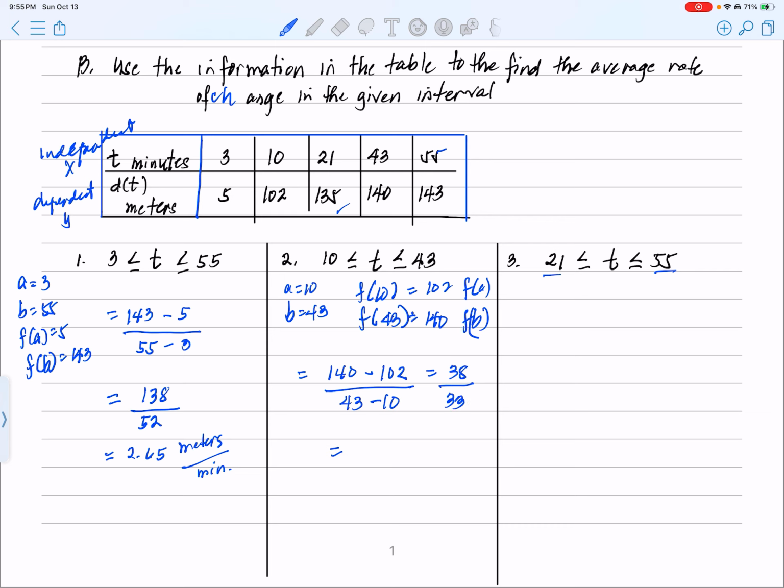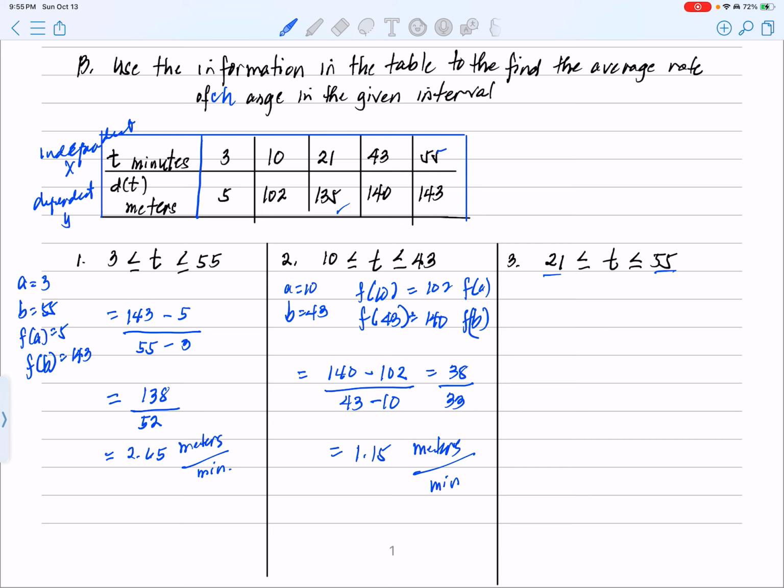So you divide 38 by 33, you have 1.15. I just have the answer to the hundredths place. So you have it in terms of meters per minute.